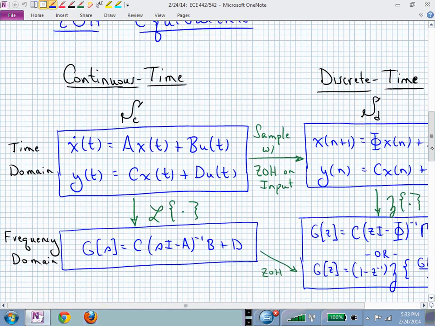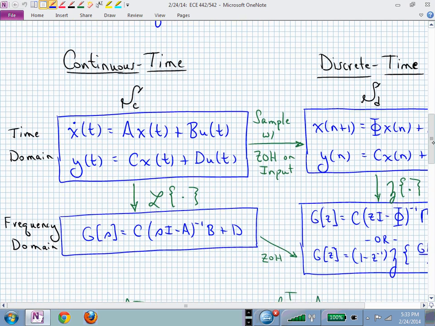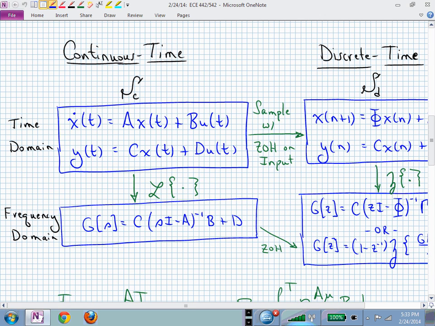there's 4 boxes here, and this is the summary square of the zero order Hold equivalent. We have in the leftmost column continuous time and the rightmost column discrete time. The top row is time domain material or information or a model, and the second line is the frequency domain.